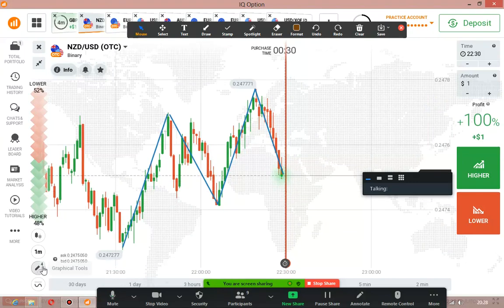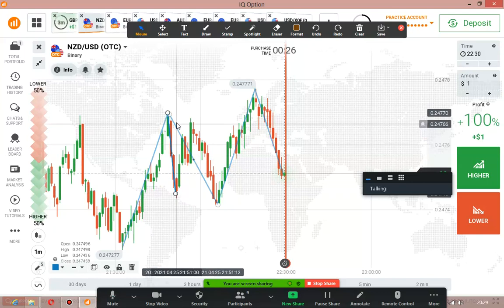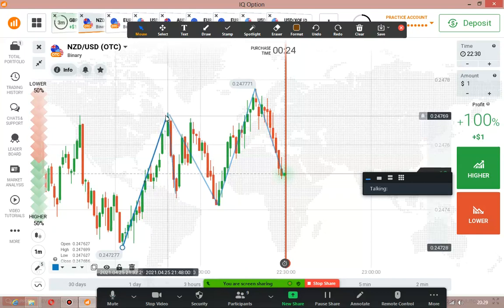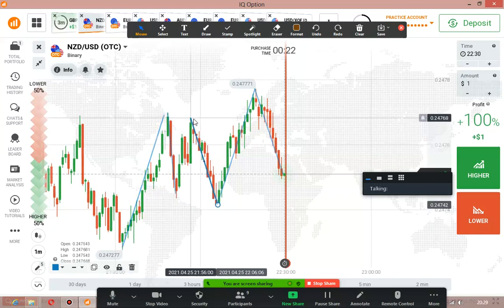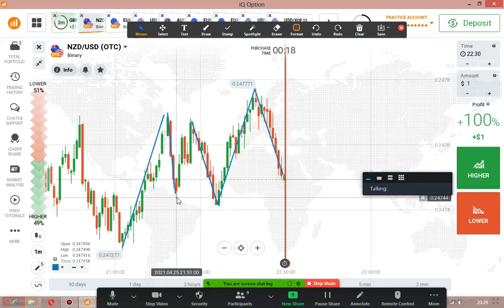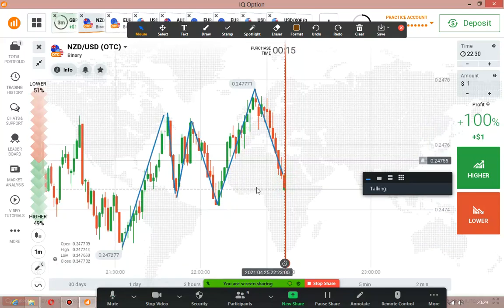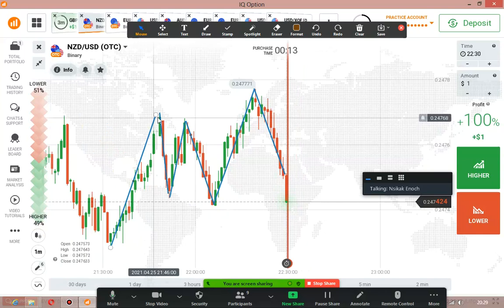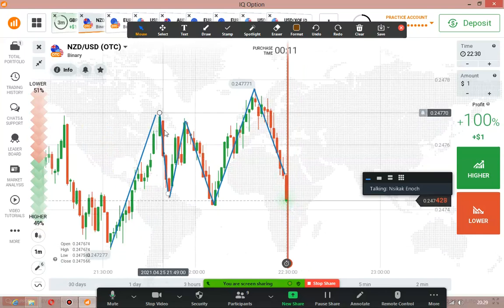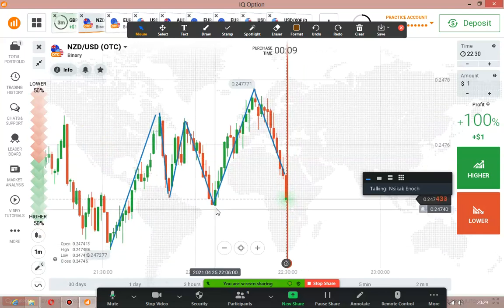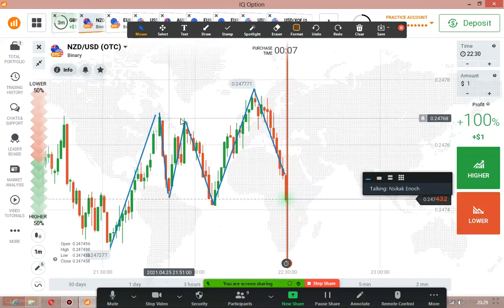Okay, there's a momentum here. There's a level here. So with the pullback here, after this uptrend we have a pullback, retracement, retracement, and you see that it creates a double top.